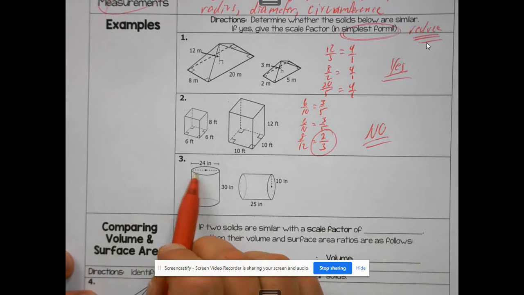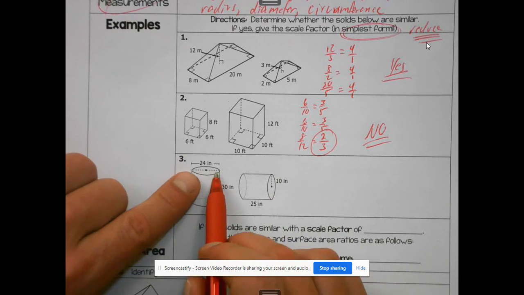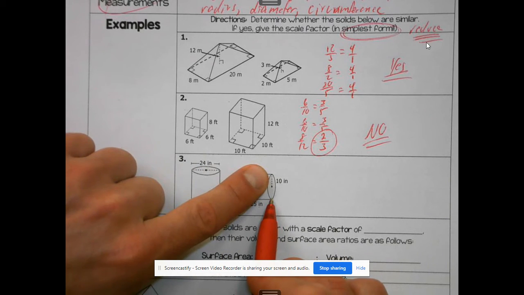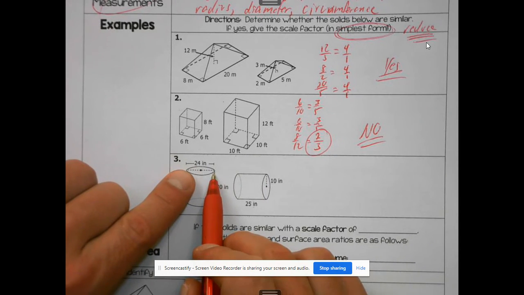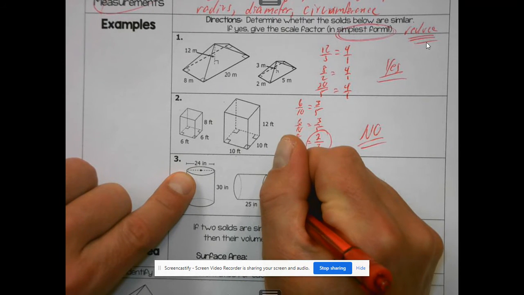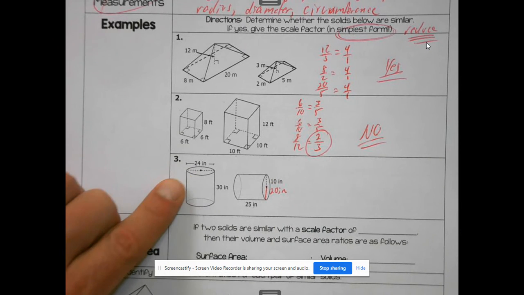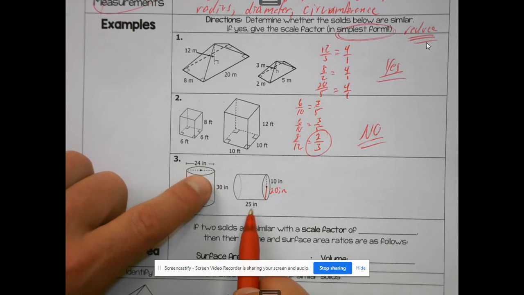Number 3, we have a diameter, and then we have a height. So now check us out. This is a diameter. That's a radius. So either I got to cut that in half or I got to double that to do the same thing. So I'll just double this. And then the diameter now is 20 inches. So now I can go diameter to diameter, height to height.